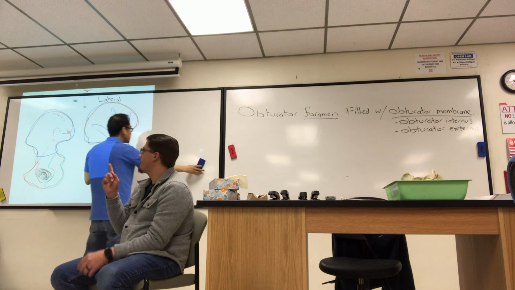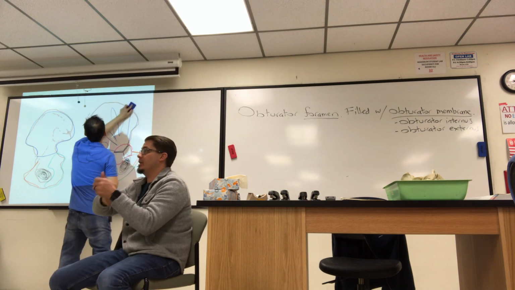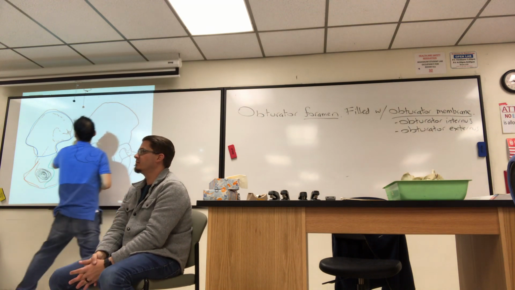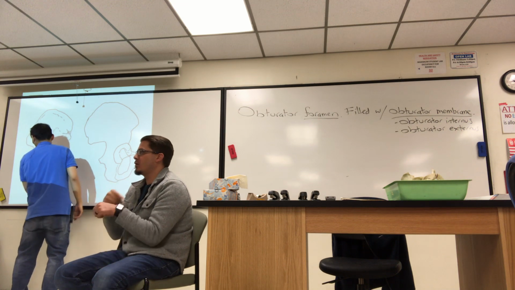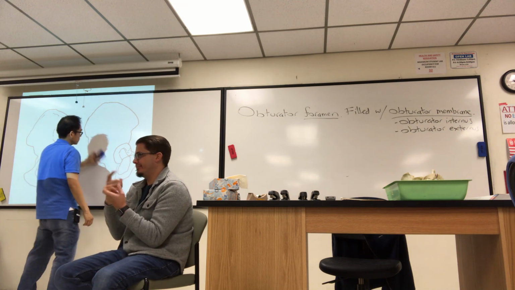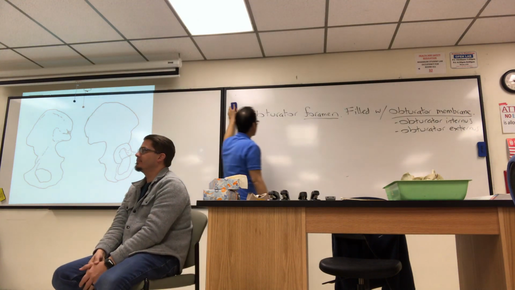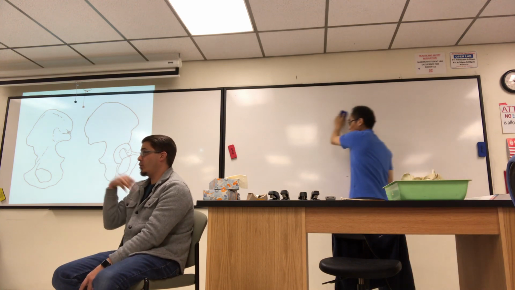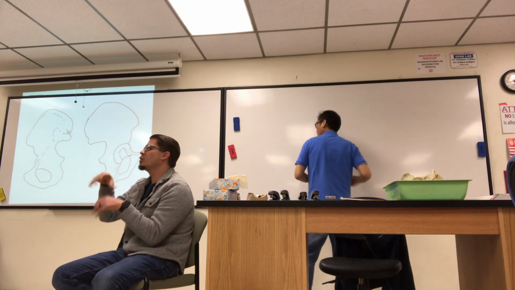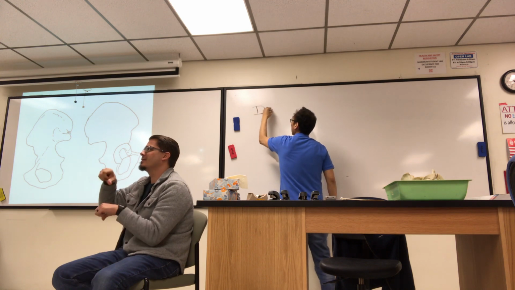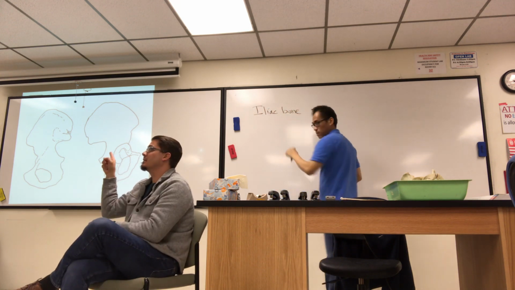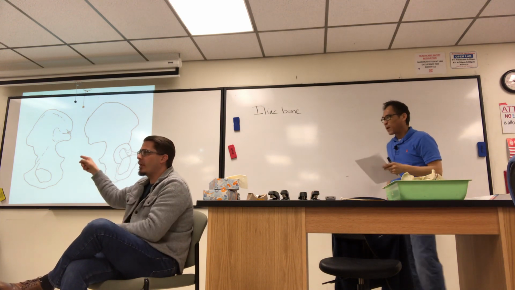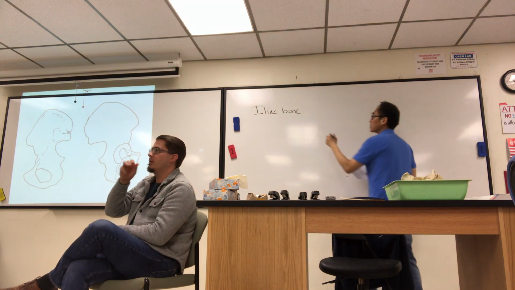There are some surface features of each bone I wanted you to know. We'll start with the iliac bone. When I said earlier, when you put your hands on your hips, that's called the iliac crest.